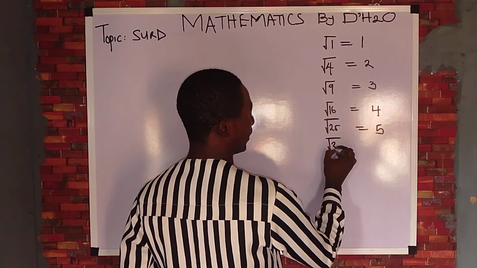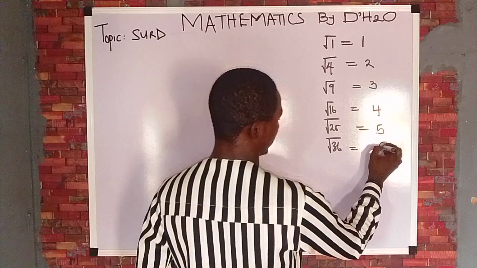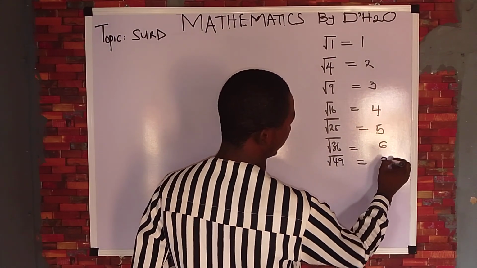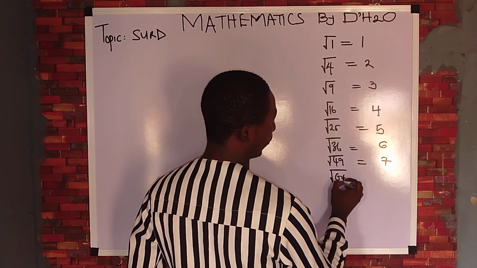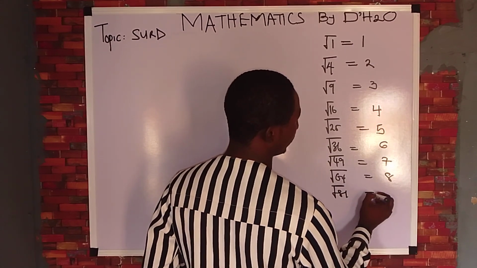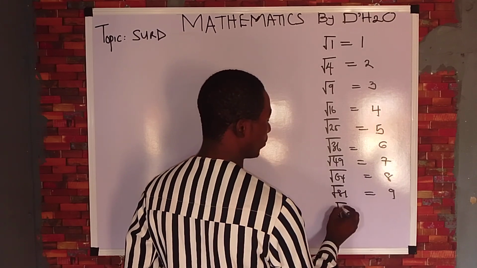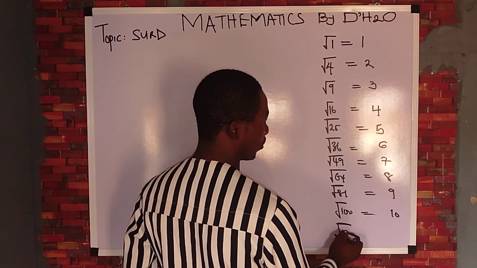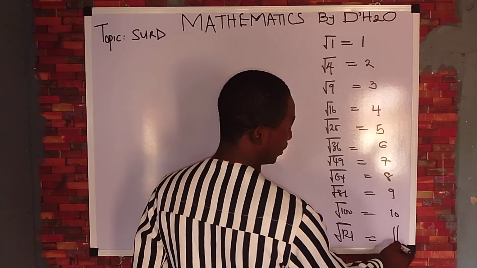The square root of 36 will give us 6. The square root of 49 will give us 7. The square root of 64 will give us 8. The square root of 81 will give us 9. And the square root of 100 will give us 10. Subsequently, the square root of 121 will give us 11.